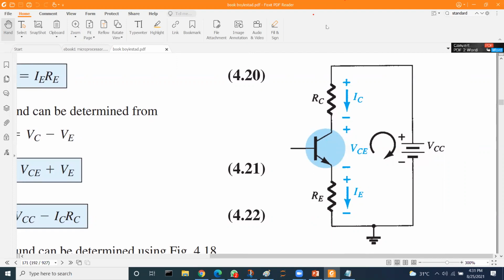Fortunately, the current coming through the base can be ignored in the approximation, so we can consider only the collector current, in the approximation that IE is approximately equal to IC.